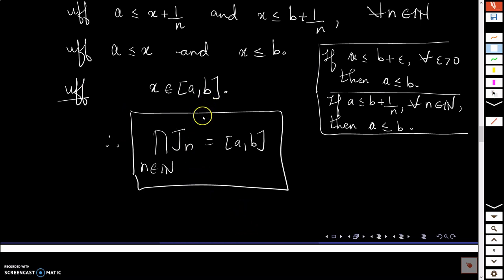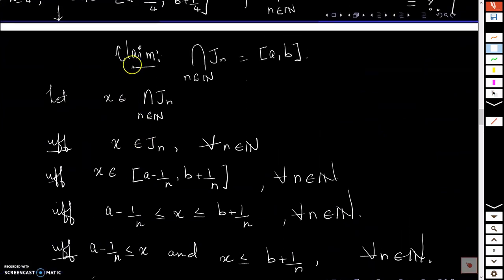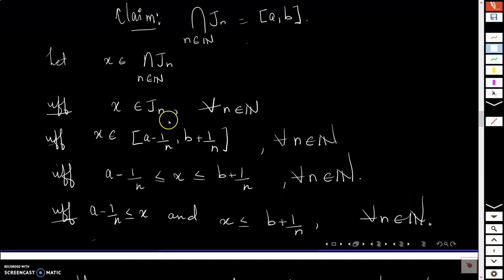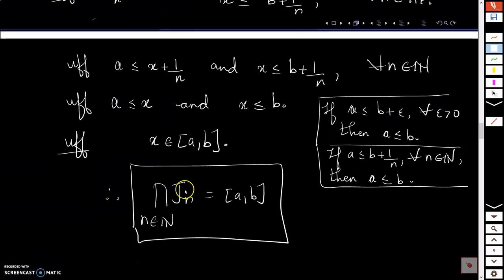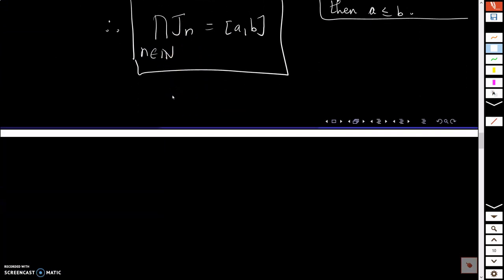And then again, to show the opposite side, you start from the last step, x belongs to this, and then you keep on moving up and you will come to this stage at the end. That is another way of showing that two sets are equal. I have done it in a shorter way. So the intersection of all these Jn's is nothing but the closed interval ab.